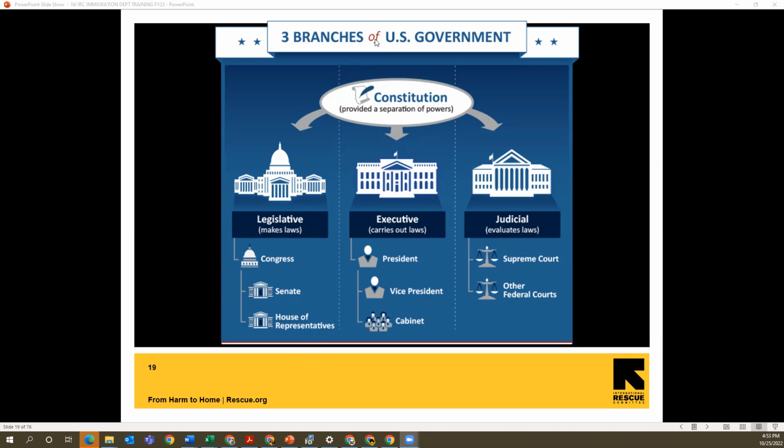Article 1 of the Constitution talks about the powers of the legislative branch. And that is, of course, Congress, which is comprised of the Senate and the House of Representatives.